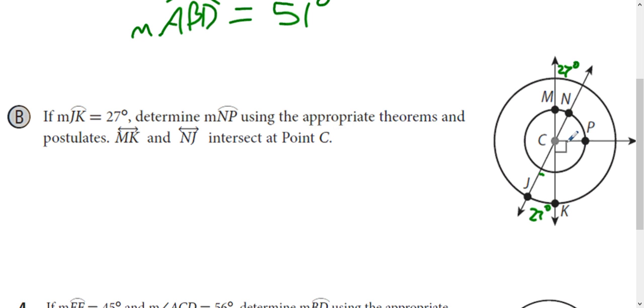We also know that this angle, PCK, is 90 degrees, which means we also have 90 degrees up here. So this entire arc must also be 90 degrees because it's a 90-degree central angle.